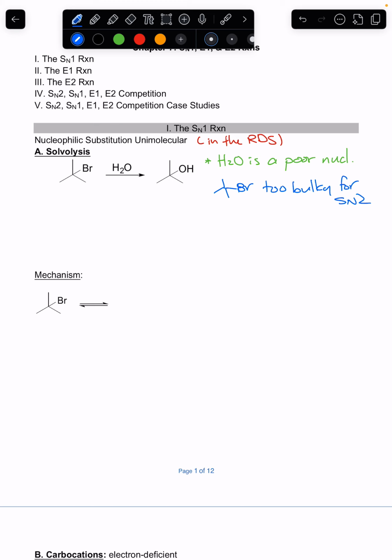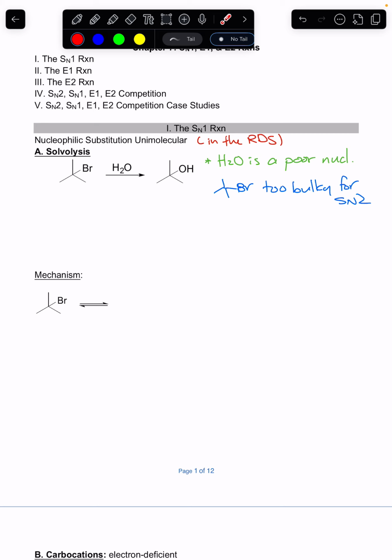That's too bulky because the nucleophile needs to be able to attack this carbon, and yet it's tetrahedral, with something pointing in every direction. There's no way for the nucleophile to reach this carbon without bumping into one of the hydrogens of the methyl groups. So it's just too bulky.